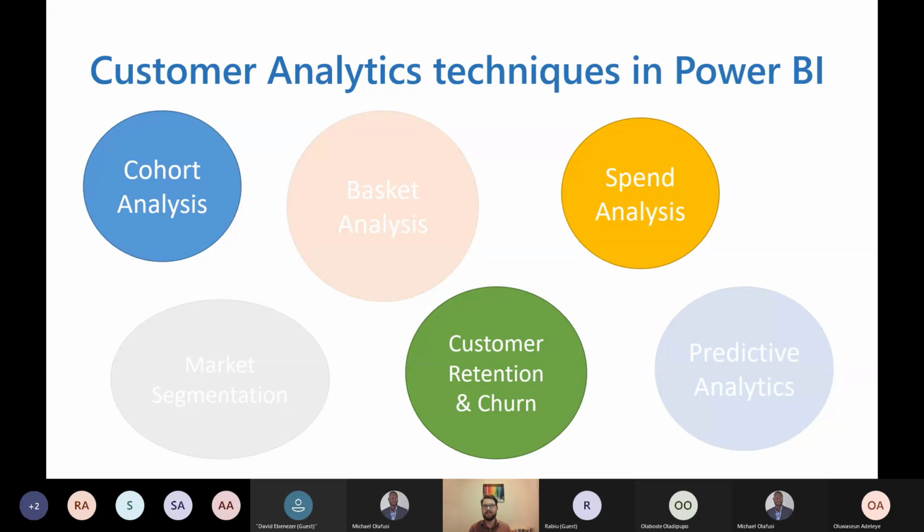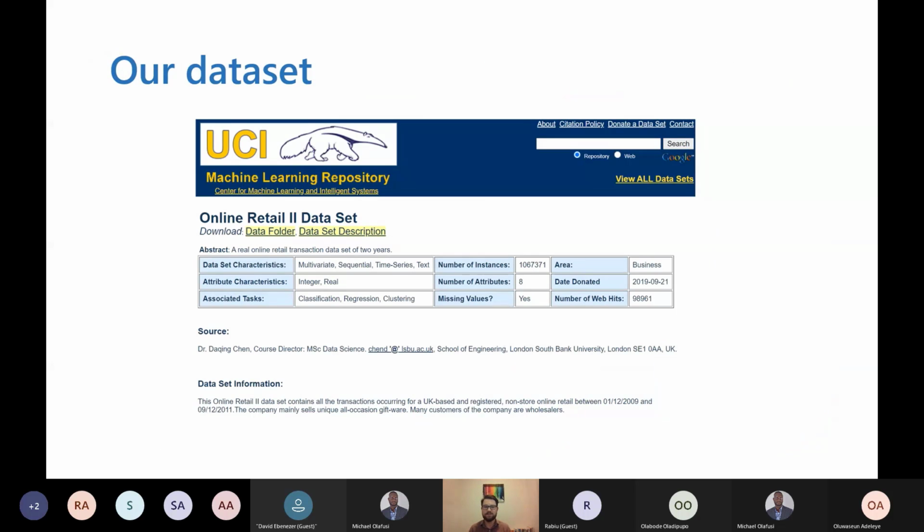All right, so we're about to get into it. For a bit of context, we'll be working with a data set today from the UCI machine learning repository. It's an open data set concerned with online retail transactions. These are coming from a UK-based retailer that tends to specialize in all-occasion giftware, so they're going to have more activity around holiday periods.